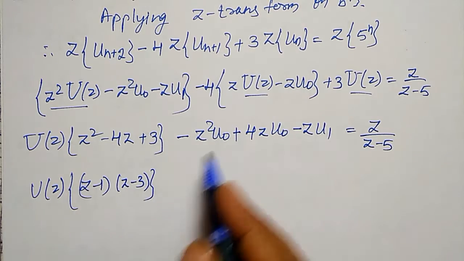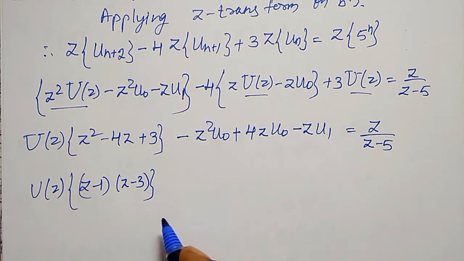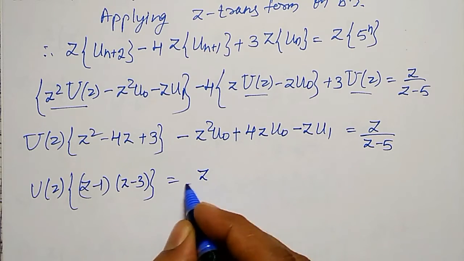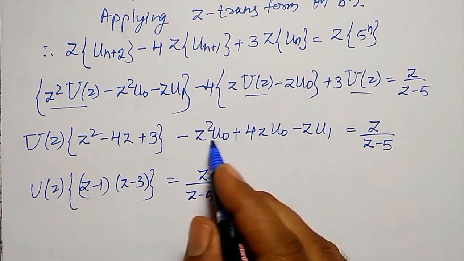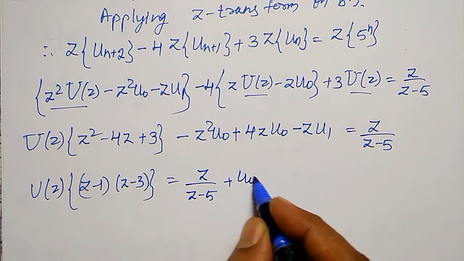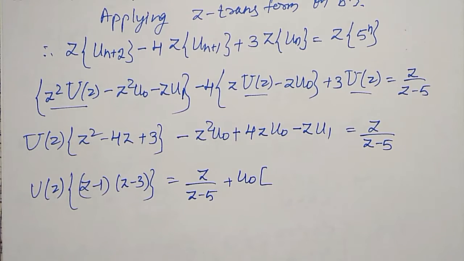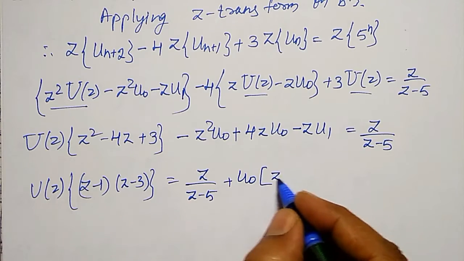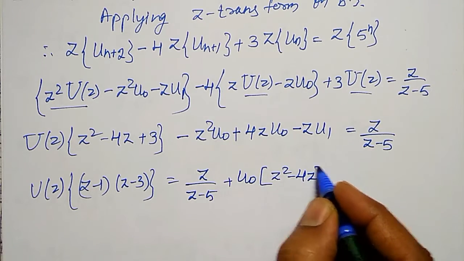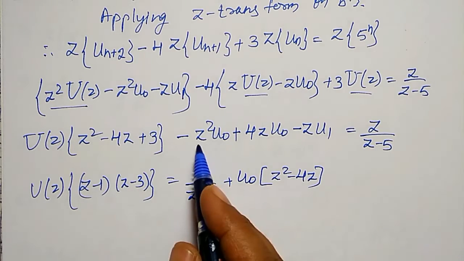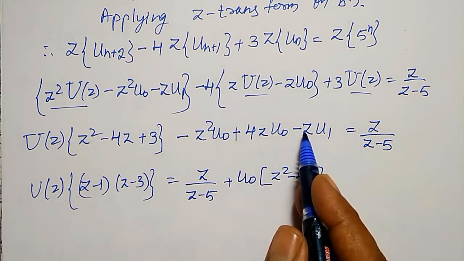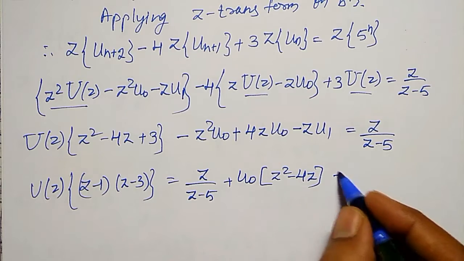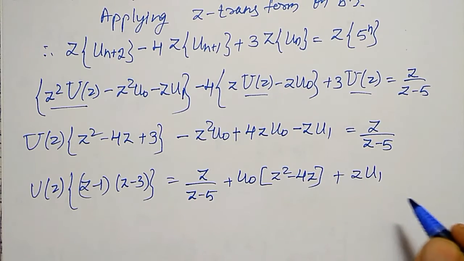And these terms I will shift to the other side, equal to z divided by z minus 5. From these two terms I will take u0 common: u0 into (z squared minus 4z). Shifting to the other side with the sign change, and u0 taken common, minus z squared u0 will become plus z u1.